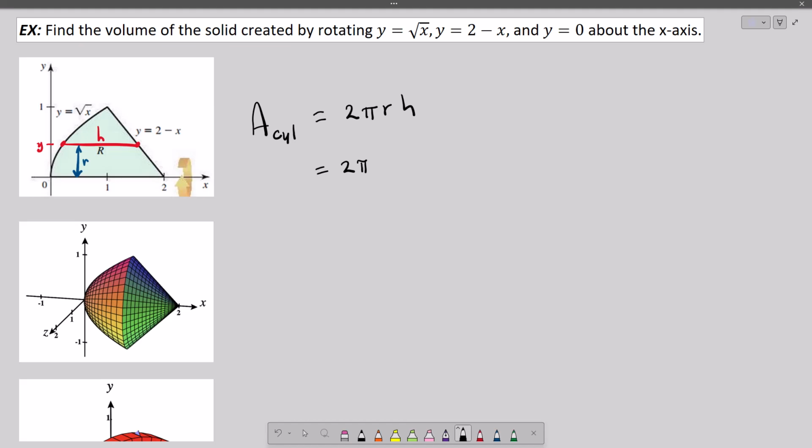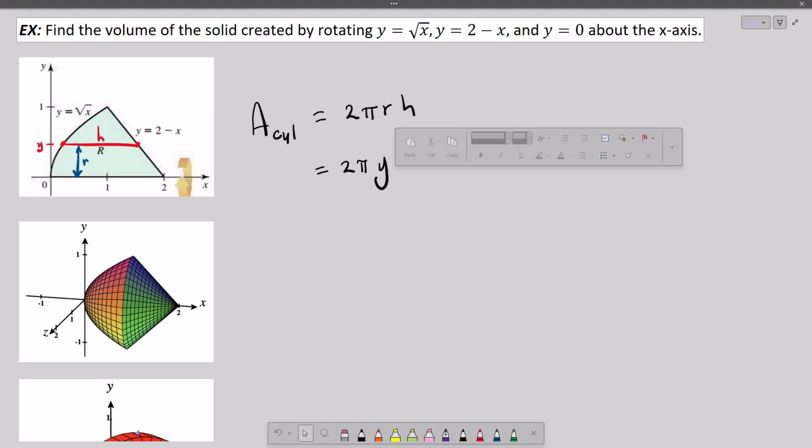Yeah, right? Because this distance here is what y represents. Y represents the distance from the x-axis up to this red line. So the radius and y are identical. And this distance is y. So that'll be our radius.